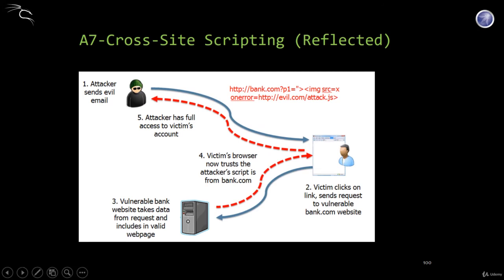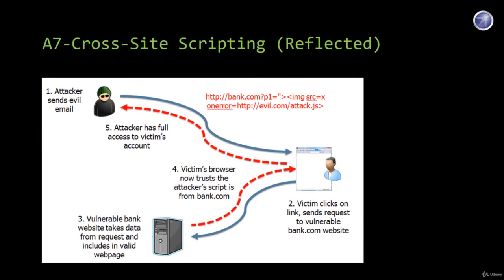In Kali, we have many automated tools that can help us find cross-site scripting problems automatically in our web applications. Let's take an example here for a reflected XSS attack. First, the attacker will send an evil email to the victim after identifying that this domain is vulnerable to cross-site scripting.